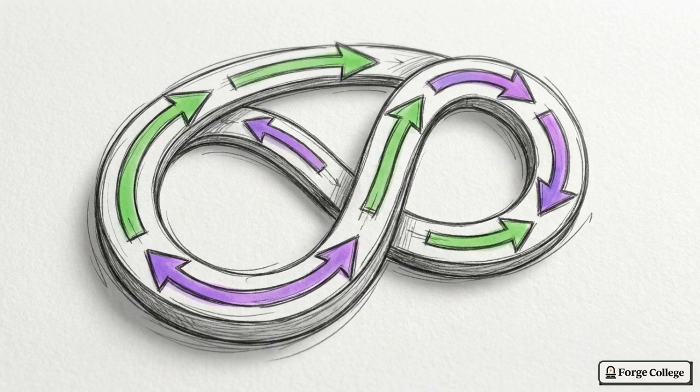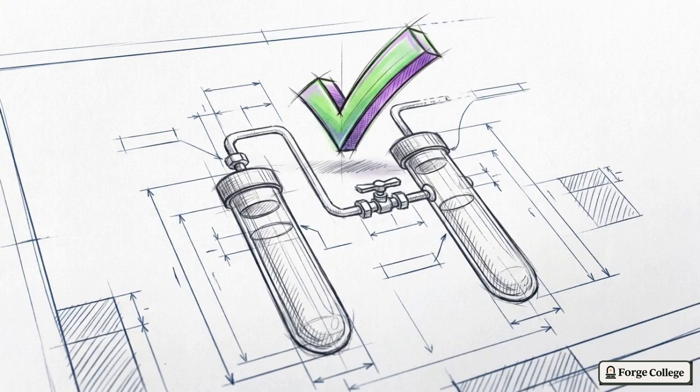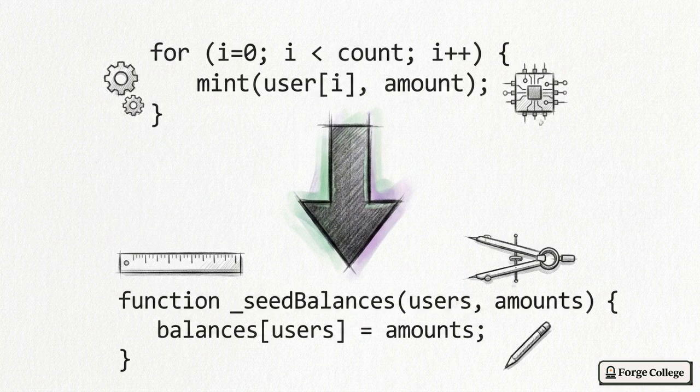When a test repeats an expensive on-chain operation, like executing a token mint 100 times, we apply a technique called surface area minimization. We refactor these loops into test-only, deterministic helper functions. Instead of executing full on-chain mints one by one, the optimized code uses a helper like _seedBalances to distribute balances by manipulating state directly.